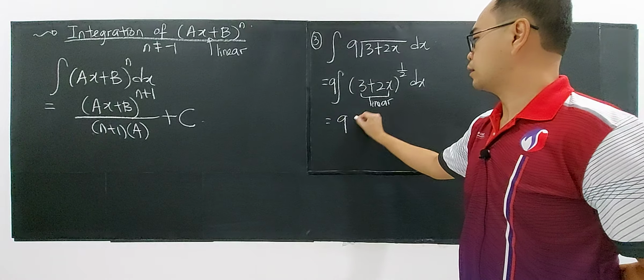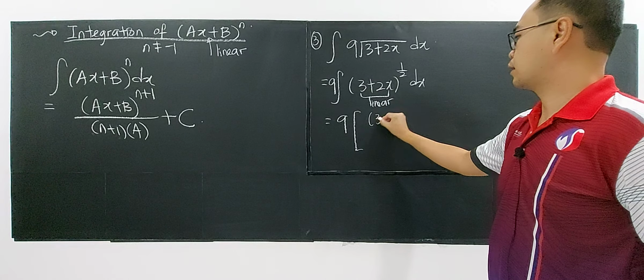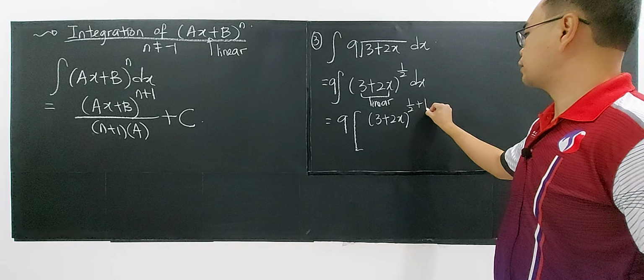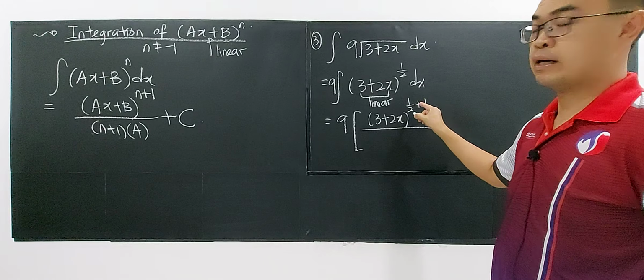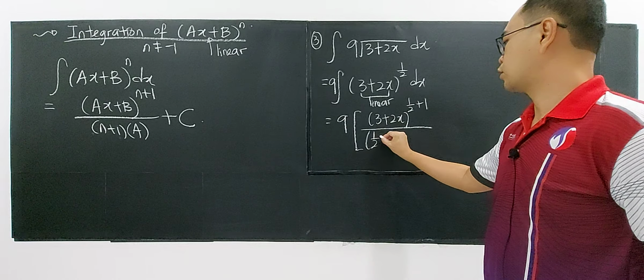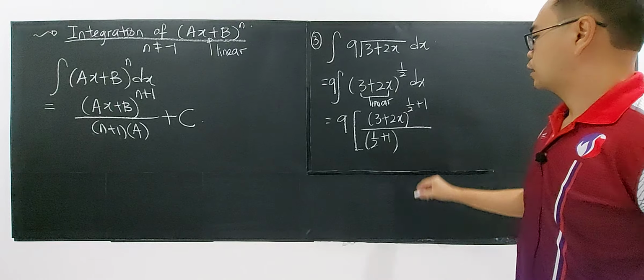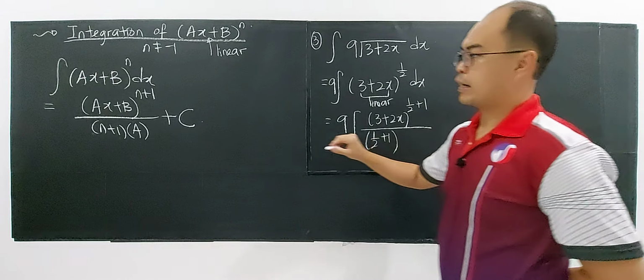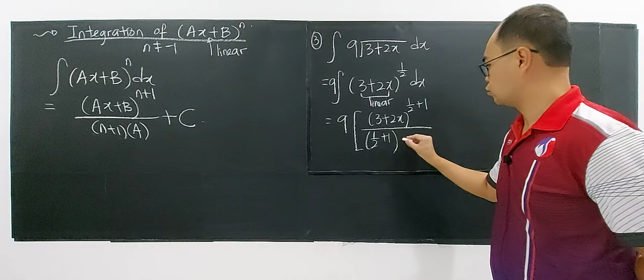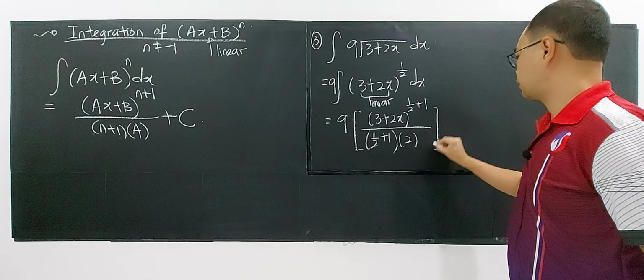So 9, then you take (3 plus 2x) to the power of half plus 1, then you divide by 1 over 2 plus 1, then multiply by the coefficient of x, which is 2.